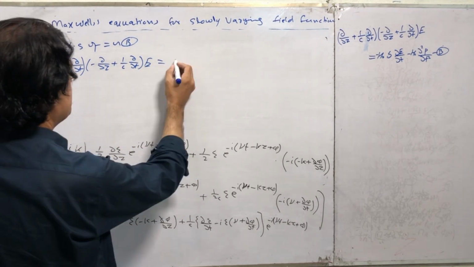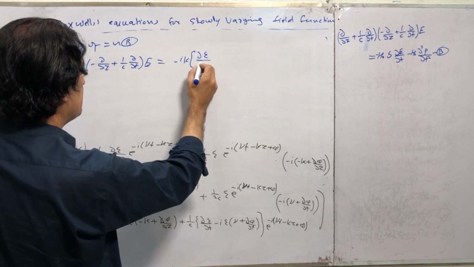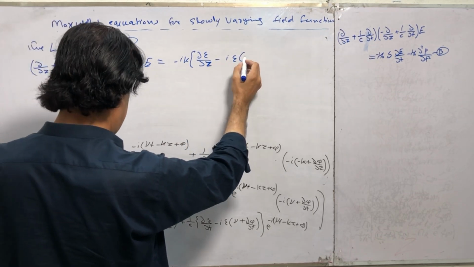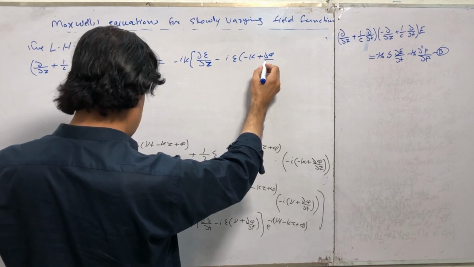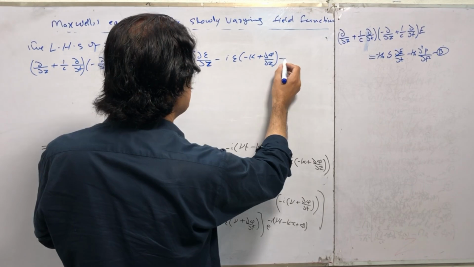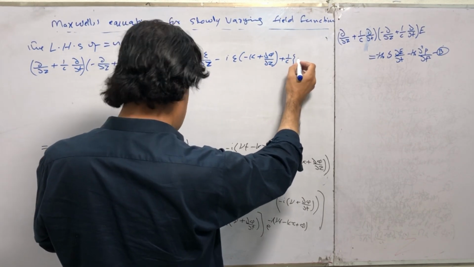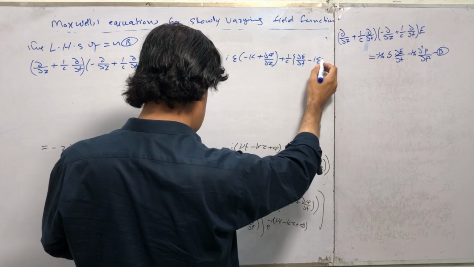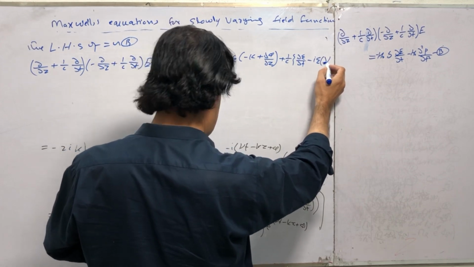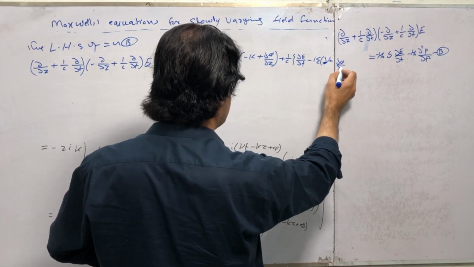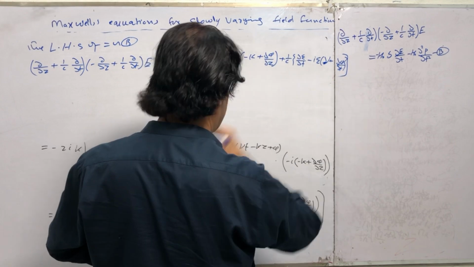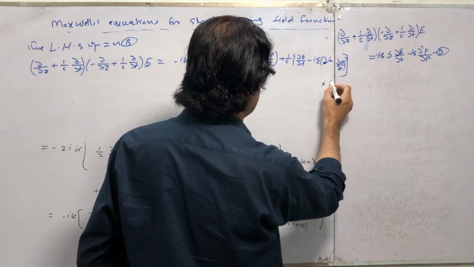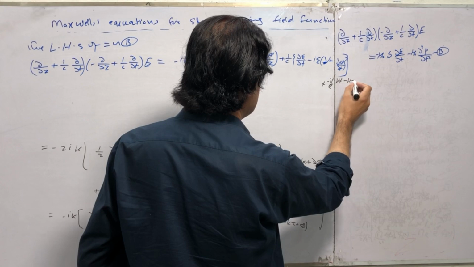And we have derived this: minus iota k partial e divided by partial z, minus iota e, minus k plus partial phi divided by partial z, plus 1 over c partial e divided by partial t, minus iota e, nu plus partial phi divided by partial t, and also multiplication with the exponential term e to the power minus iota nu t minus kz plus phi.